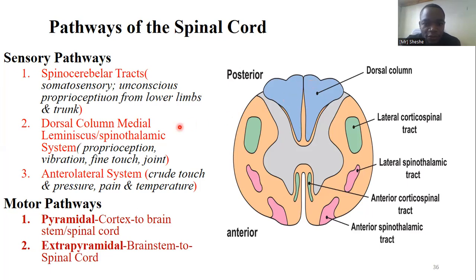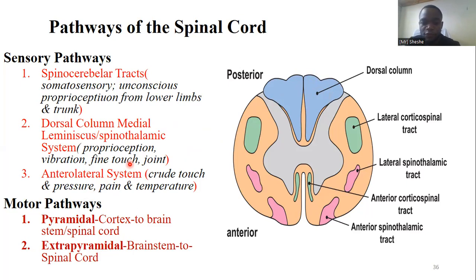Okay, so what type of information passes through this tract? Number one is proprioception, which is balance from joints, like knee joints, hip joints. The next is vibration, so senses of vibration, like you are seated and phone is vibrating. All that information is passing through the spinothalamic tract. Fine touch, for example, like running a feather or something that is light on the skin.